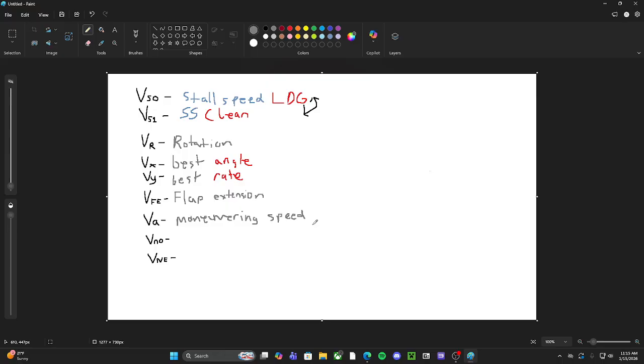So if I take my stick or my yoke and I roll myself all the way to the left, I go as far as I can to the left instantly. If I am below this maneuvering speed and I do that maneuver, I will stall the aircraft before I structurally damage the aircraft.